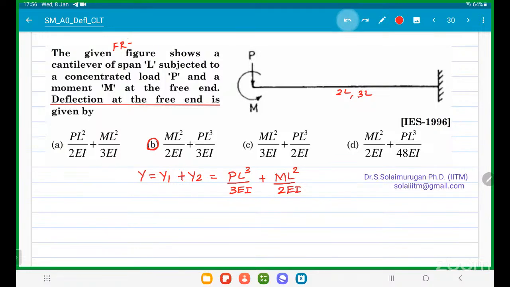Do you remember where it is asked? In the mechanical engineering question?